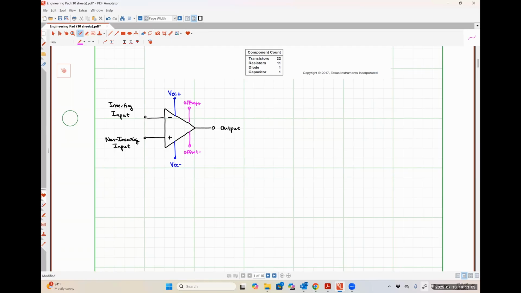Before we move on to the rules for using an op amp and all that kind of good stuff, I want to talk to you about the packaging just really quickly.